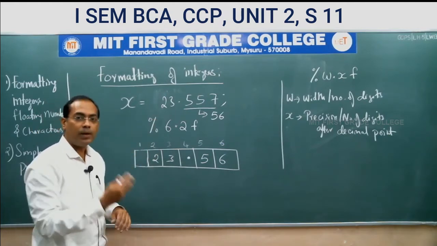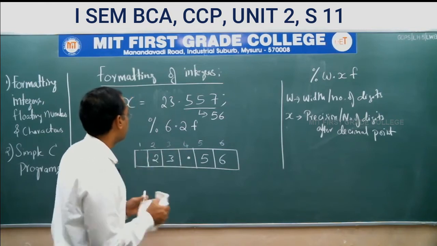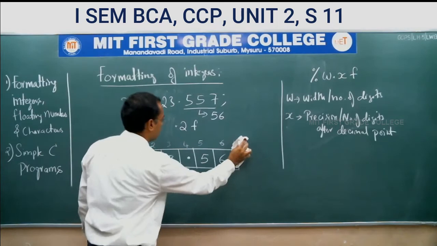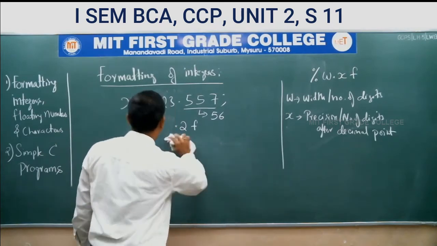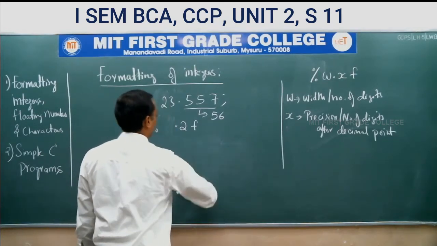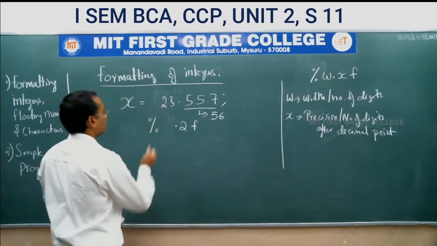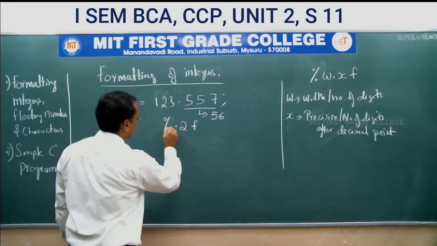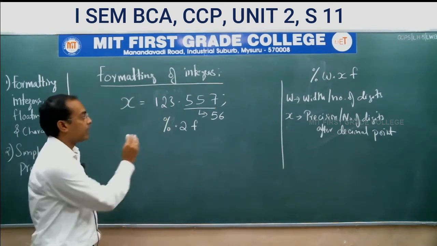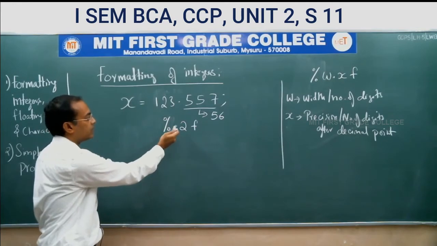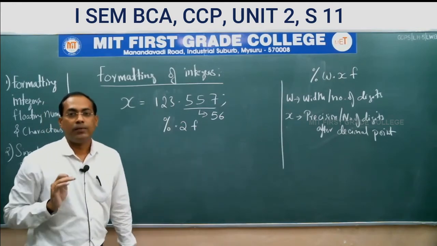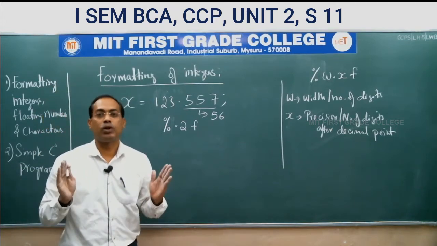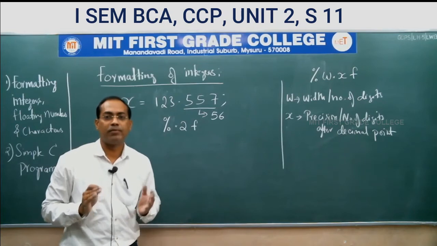Now we will see one more example. Here we are considering %0.2f. We are not bothered about the total width of characters to accommodate the floating numbers.